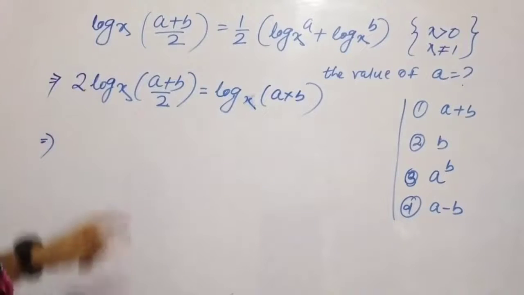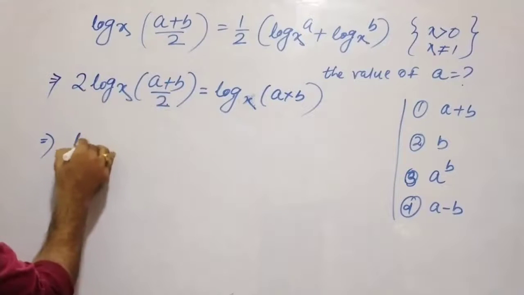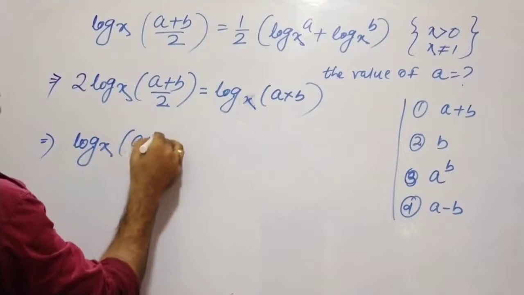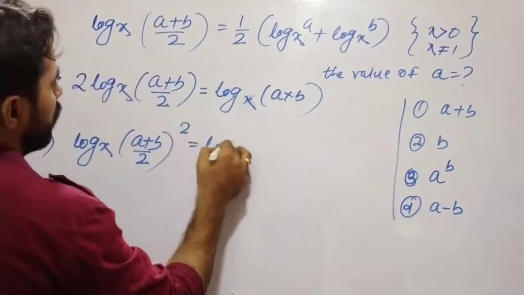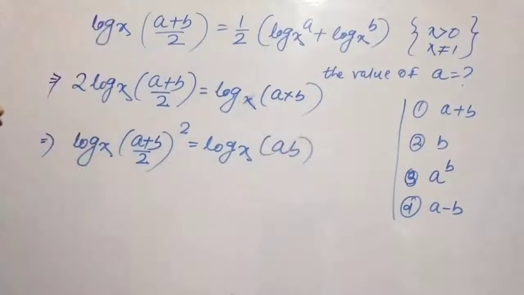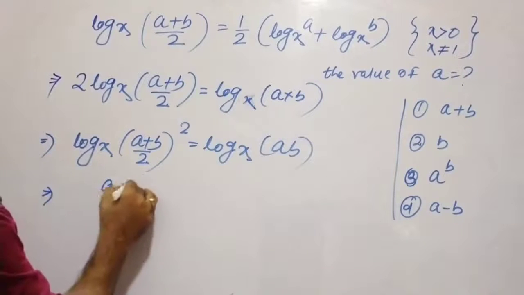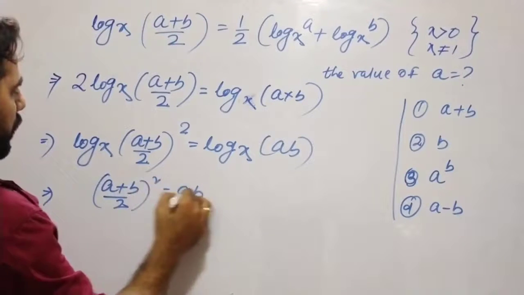By using the power law, p log m to the base a is equal to log m to the power p. So it is equal to log of ab to the base x. By eliminating log x from both sides, (a plus b) by 2 whole square is equal to ab.